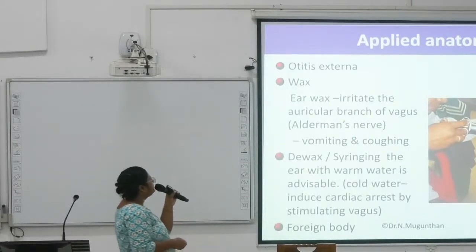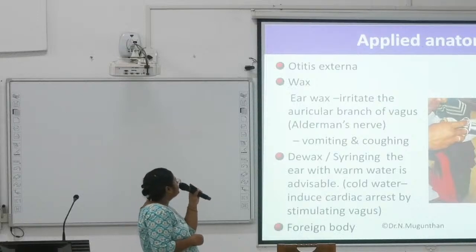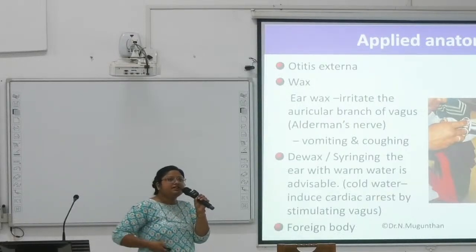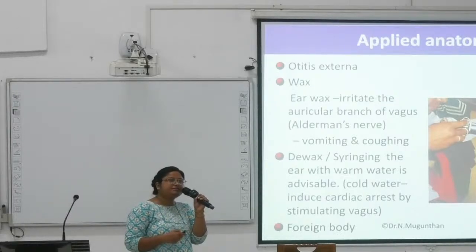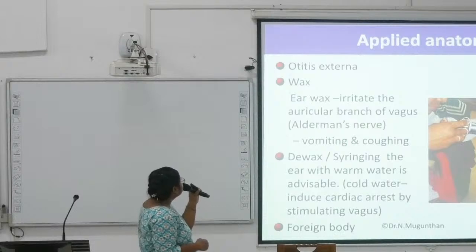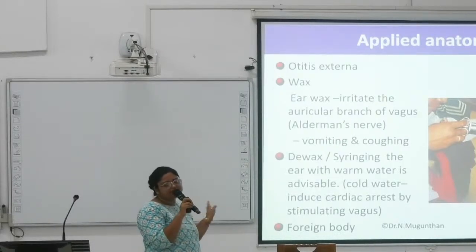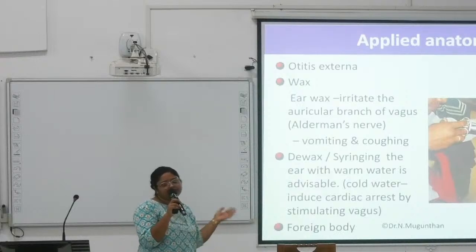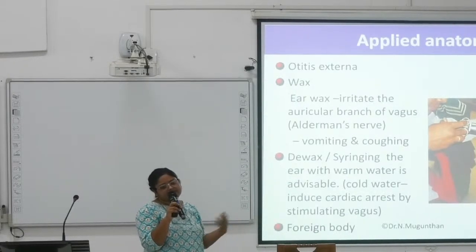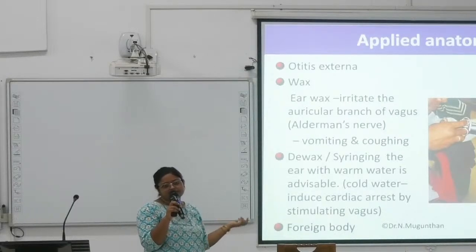Next, some applied aspects of the external auditory canal. Okay, otitis externa, that is infection or inflammation of the external auditory meatus, that is known as otitis externa. Okay, earwax formation also occurs here by the ceruminous gland, but normally when the skin is extended outward, the cells are continuously moving outward and earwax is thrown out.